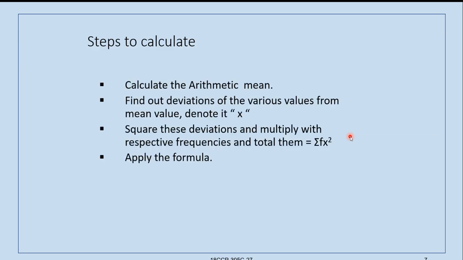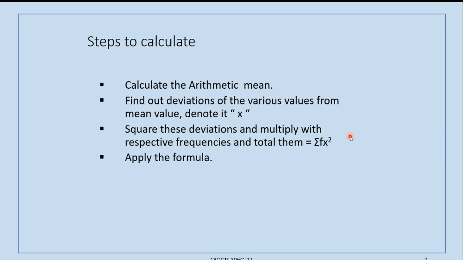The steps for calculating is, first of all, you calculate the mean, that is sigma fx by n. The formula for calculating mean for discrete series is sigma fx by n, where f is the frequency and x is the value of the series.